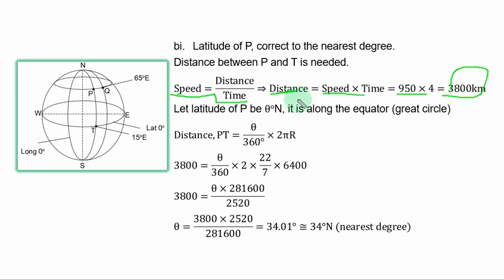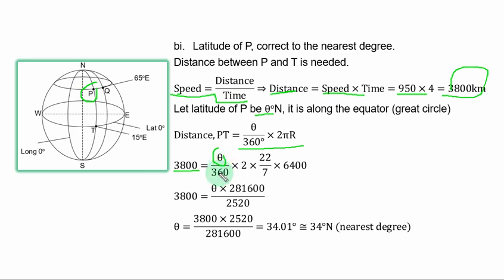Let the latitude of P be theta degrees north. That is where point P is located. It is along the meridian because the plane moves from T on the equator to point P. For that, we use the distance along a great circle formula. The distance is 3,800. The angle is unknown.